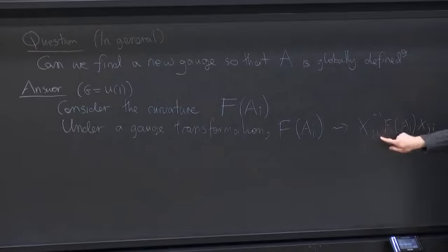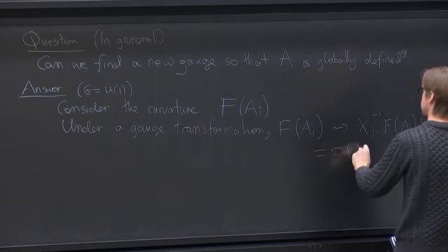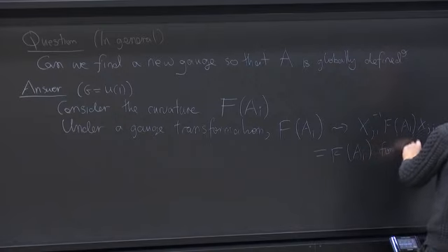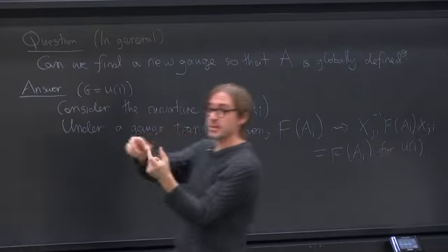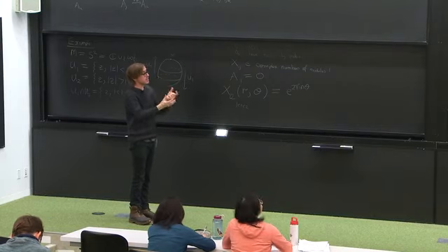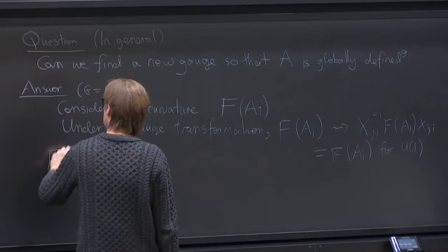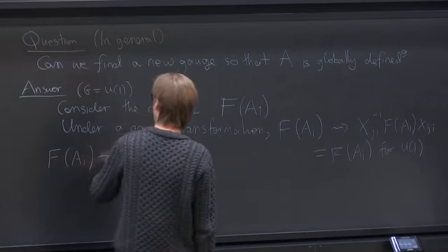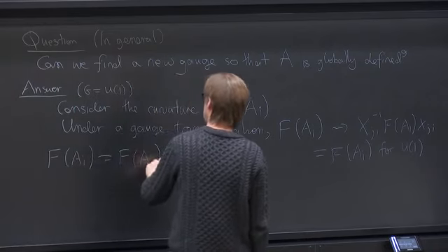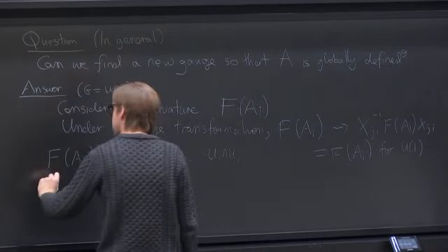But in the abelian case, I can just move this over here and they cancel. So if I have a gauge field defined on patches with gauge transformations relating them, then the curvature is globally defined. They just agree on the patches. So F_i is just equal to F_j on the intersections. So this is a global two-form.